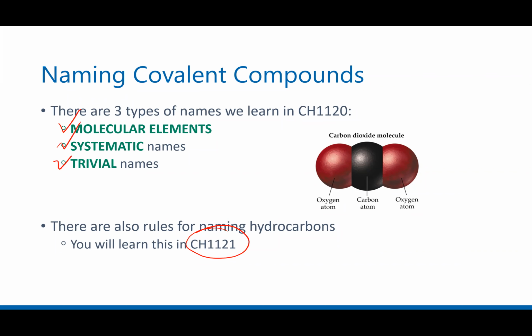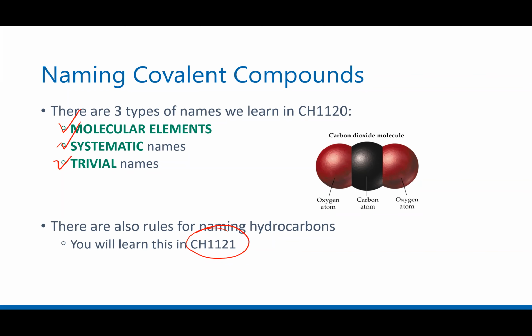All I want for us to do today, and this might take me 20 minutes, we'll see, might be a little more, I don't know, is cover covalent naming. We're going to look at 3 types of covalent compounds.